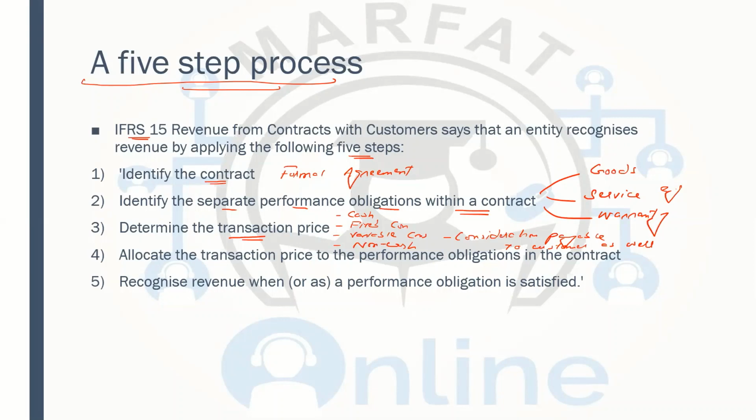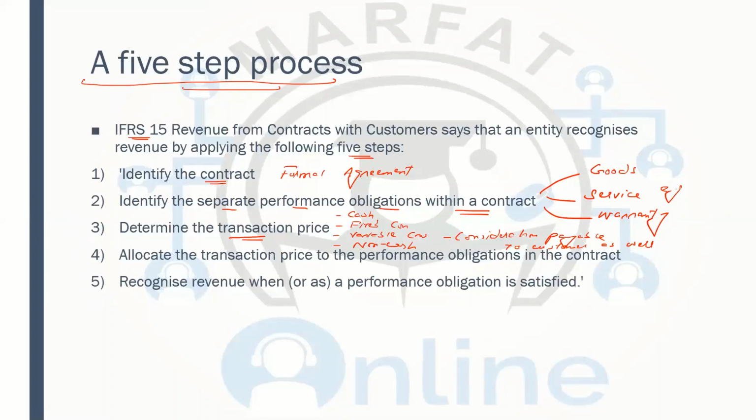It is quite common nowadays. Probably you have seen it. So what are we actually doing? We are motivating them to buy our product. They will be paying, and then we will be returning a certain amount of money to them, cash back. So consideration payable to a customer. So there are many things which we are going to discuss in the transaction price.